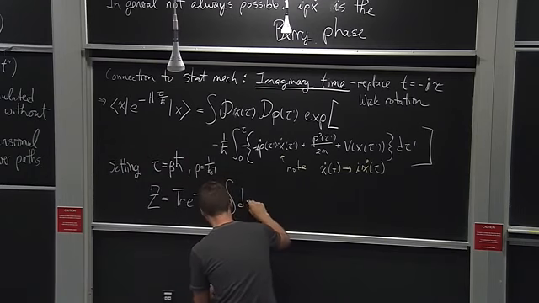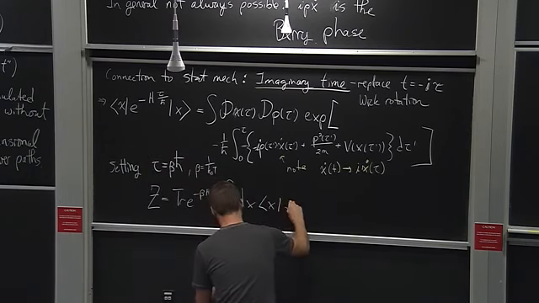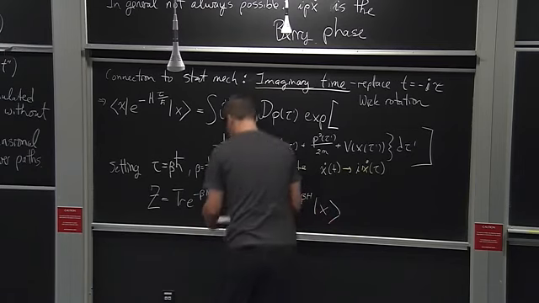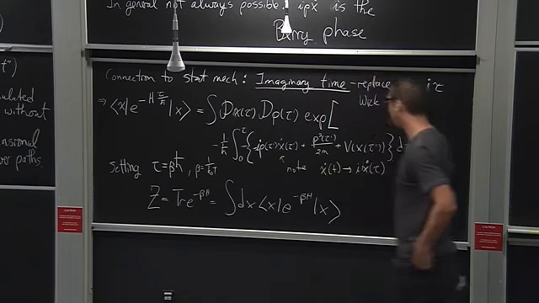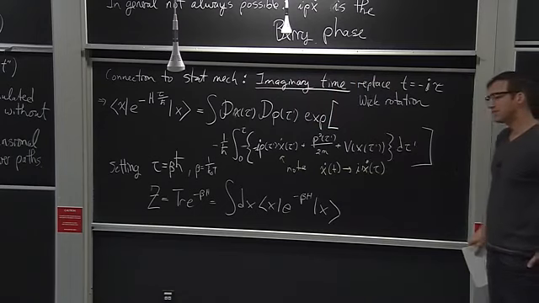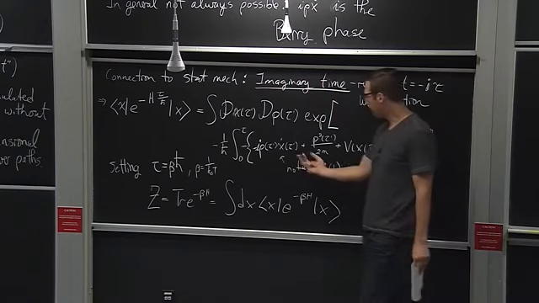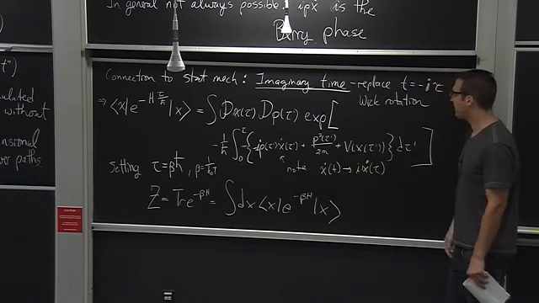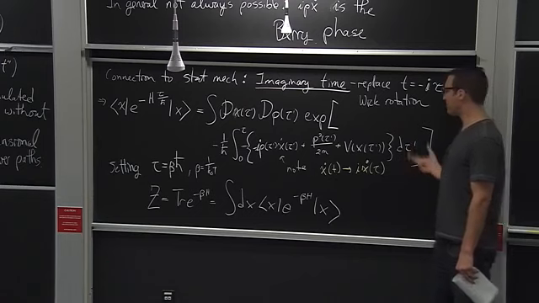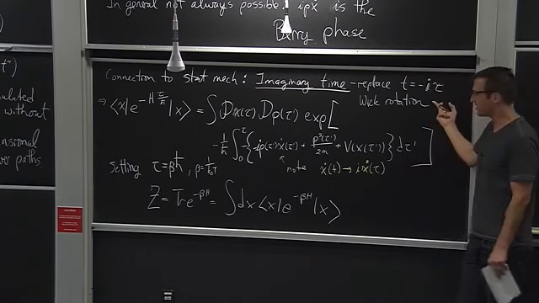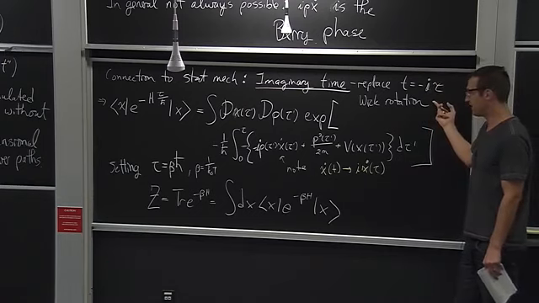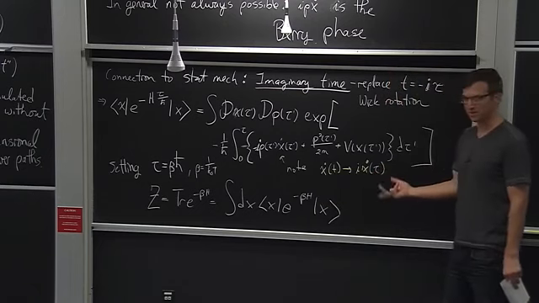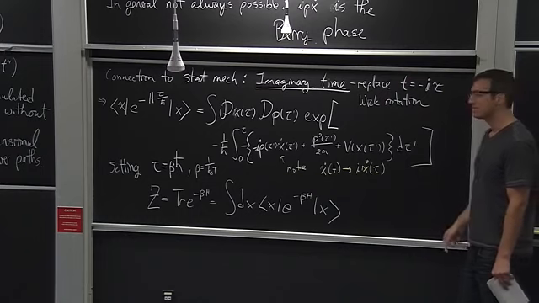I'll just write it like this. So it means, except for the complication of the Berry phase, we could write the path integral in imaginary time after this Wick rotation as a classical expansion of the partition function in d+1 dimensions, right?